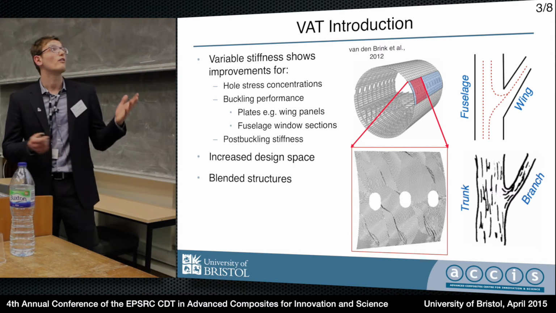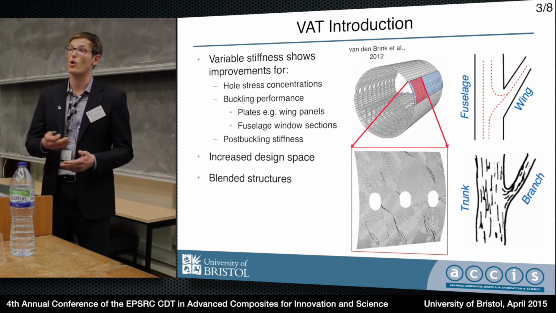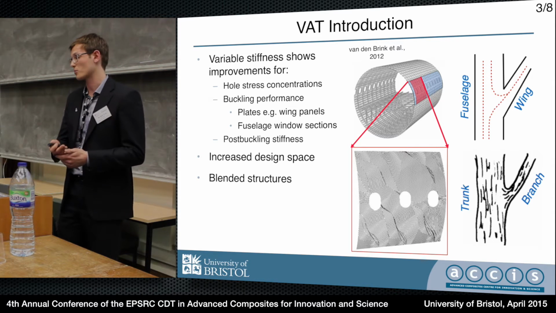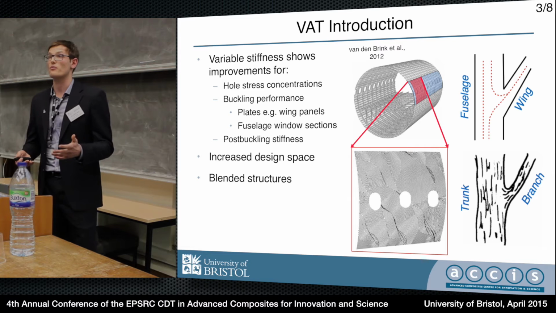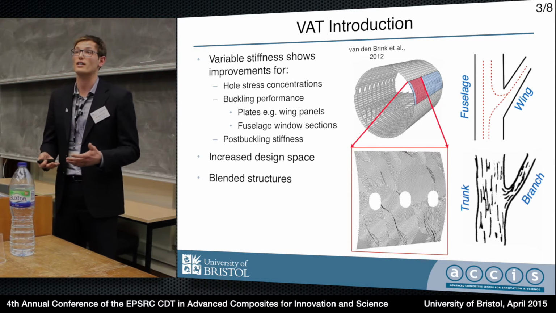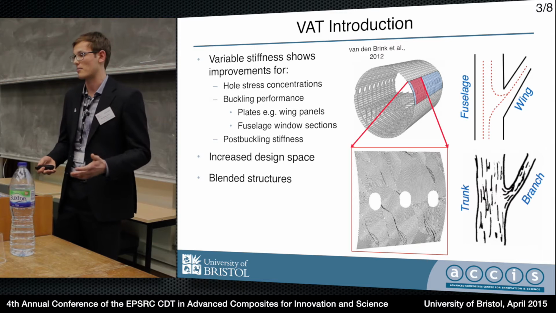For example, researchers have shown that we can reduce stress concentrations around holes by aligning the fiber paths with the directions of principal stress. Another area of improvement that we've been working on here at the University of Bristol is improving the buckling and post-buckling performance. In fact, we can more than double the critical buckling load of a flat panel.